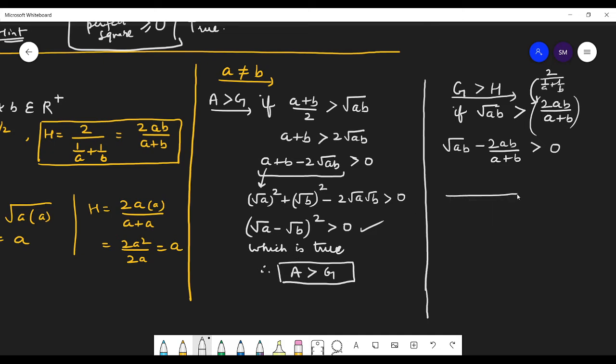It's so simple, just keep on doing a plus b. You will get the same condition. The same thing you will get here. Just solve it.